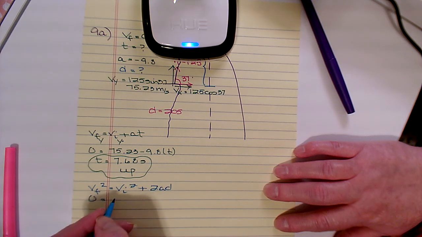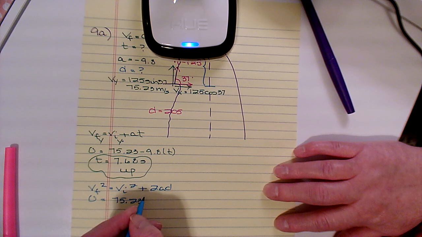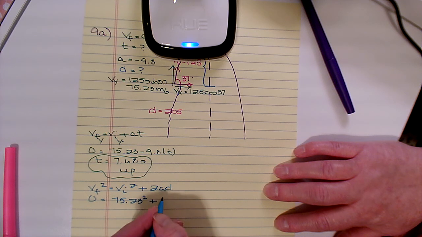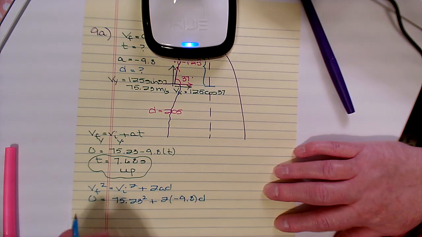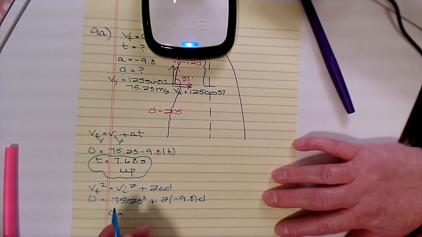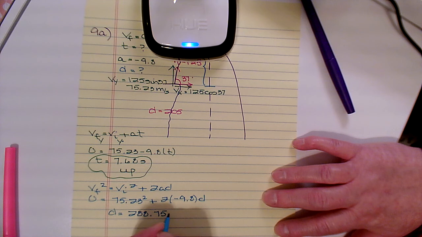And that's 0, this is still 75.23 squared plus 2 times negative 9.8 times D. And so we find out that it goes up an additional height of 288.75 meters.